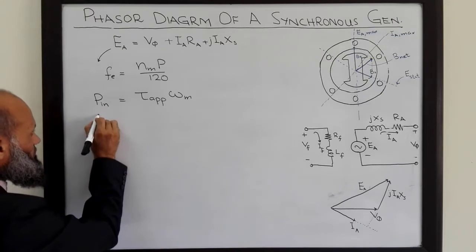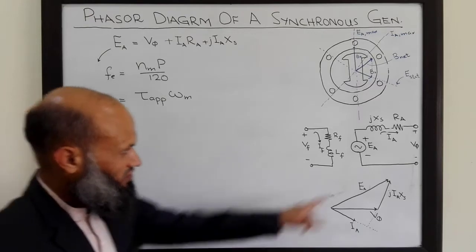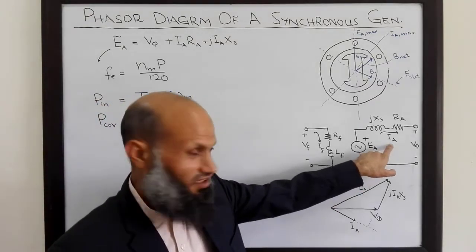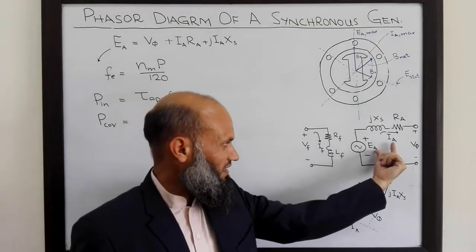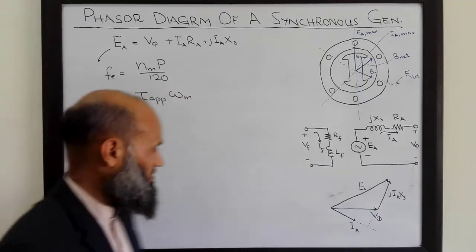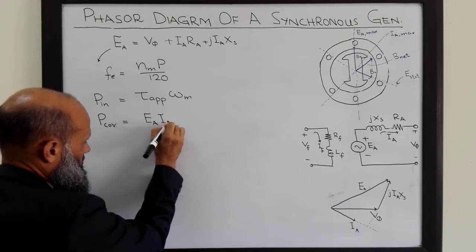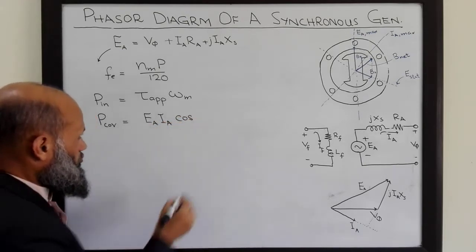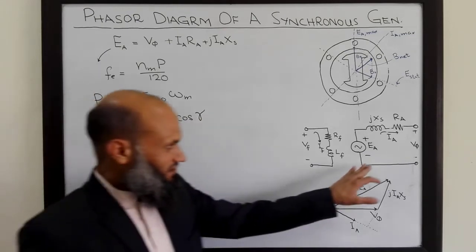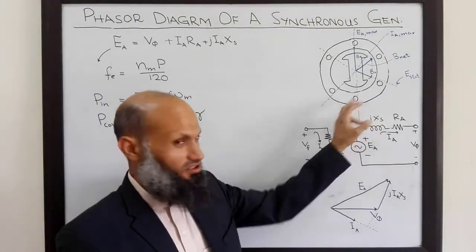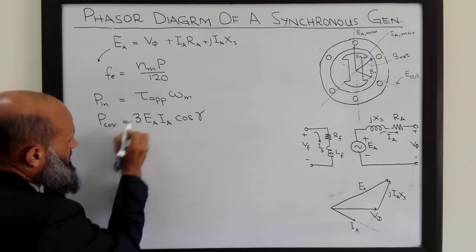The power which is converted into electrical power is equal to the generated voltage multiplied by the current. Since we are dealing with AC quantities, the phase angle between the two quantities is also important. So EA multiplied by IA multiplied by the cosine of the angle between these two quantities, and since there are 3 phases on the armature and each phase is identical, here we multiply it by 3.